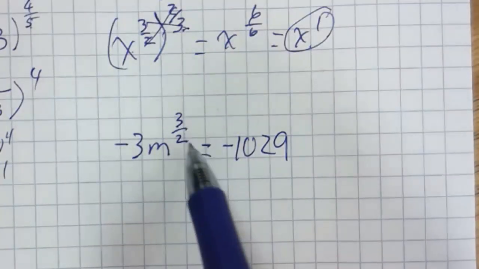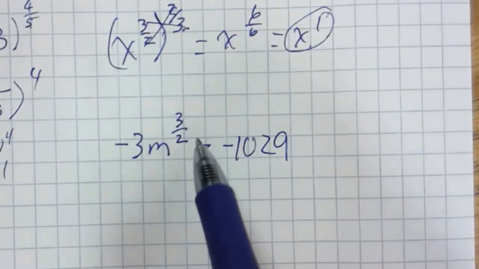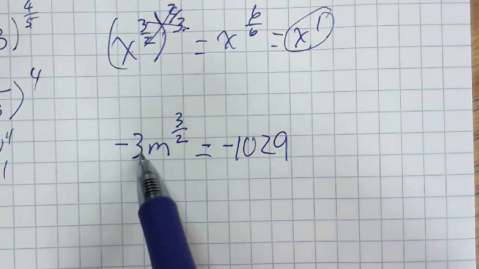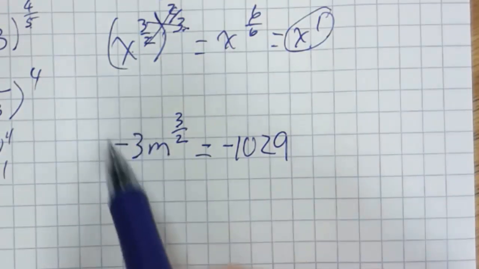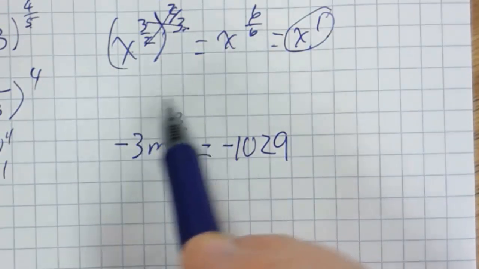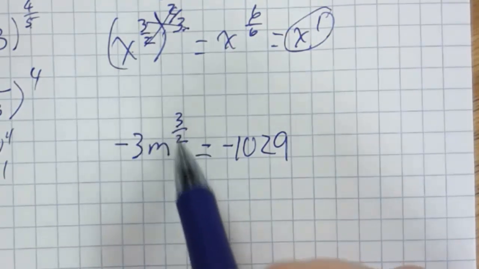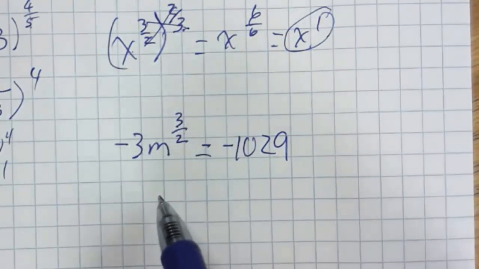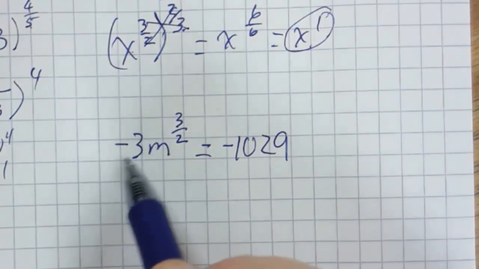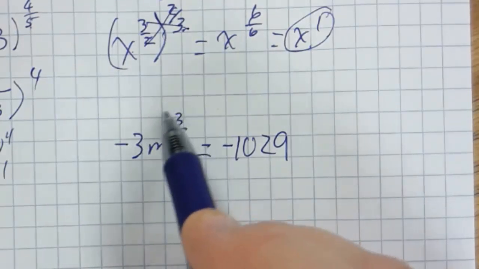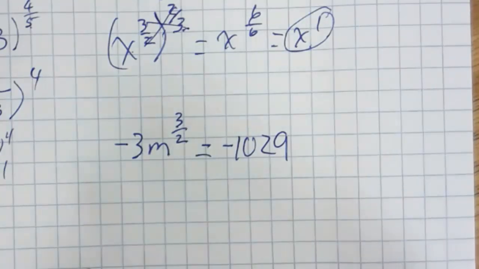You have a rational exponent here, but you also have it multiplied by negative 3. So you don't want to take the reciprocal power of the left-hand side right now, because you have this number out here. If this was in parentheses, you could go ahead and take the 2/3 power of both sides, but you have to get rid of this number first. So you have to isolate the expression that has the exponent before you do the reciprocal power.